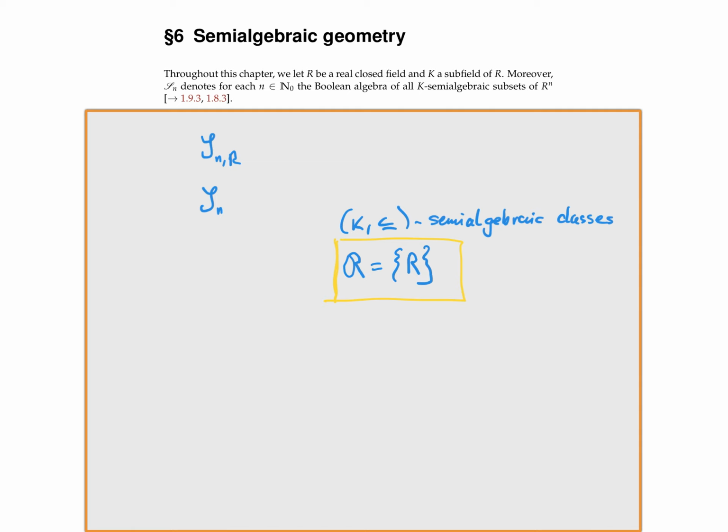In this way, if we take just this one real closed field, then S_n is now actually what was formerly S_n(R), and hence this notation is consistent. You might just think of it as a change of notation, which is convenient because then I don't have to write R all the time, since I have fixed R for the whole chapter.